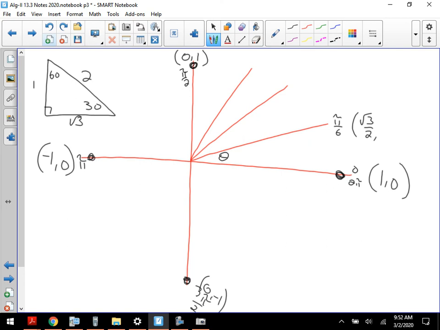If you think about it, if you drew in your right triangle, if this was 30 degrees, that means the root 3 is your adjacent, the 2 is your hypotenuse. What is your opposite? It's the 1. So what's your sine at 30? 1/2.